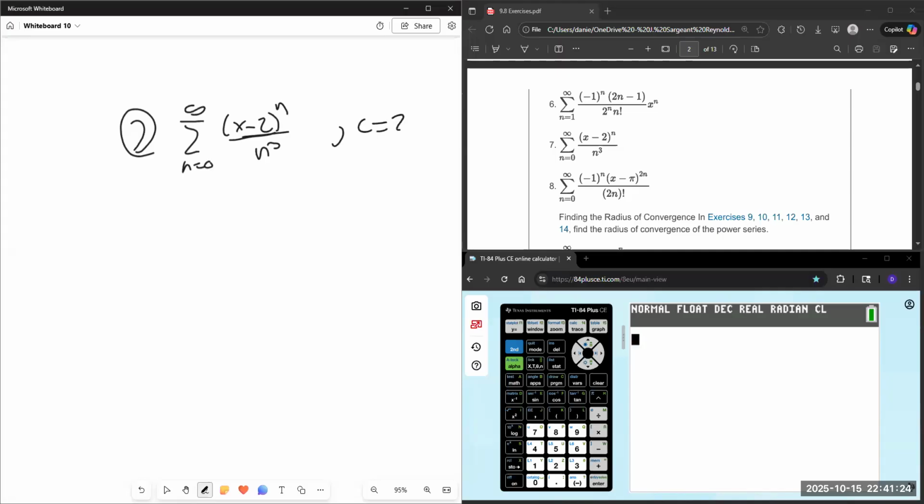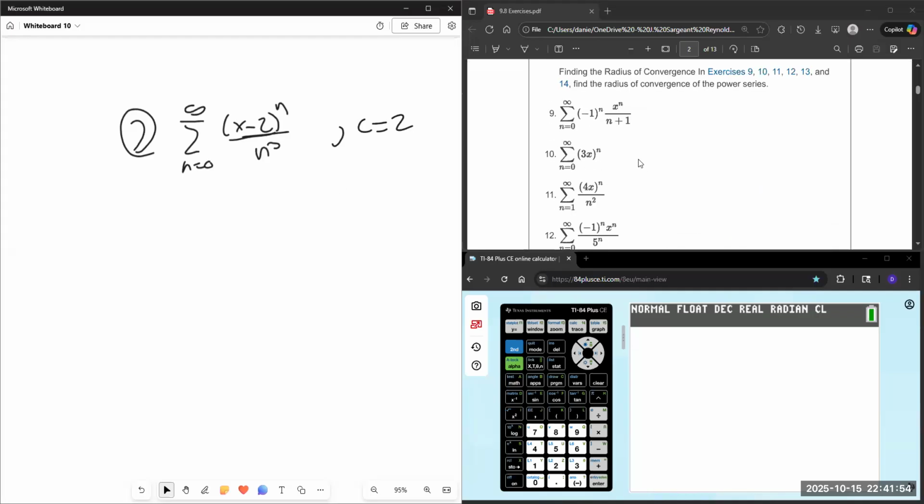So C is equal to 2. So we always converge at the center, but we may have an interval of convergence beyond that that's open, half open, closed. It may be infinite on one side or both sides. We'll have to see what our interval of convergence looks like here going forward.